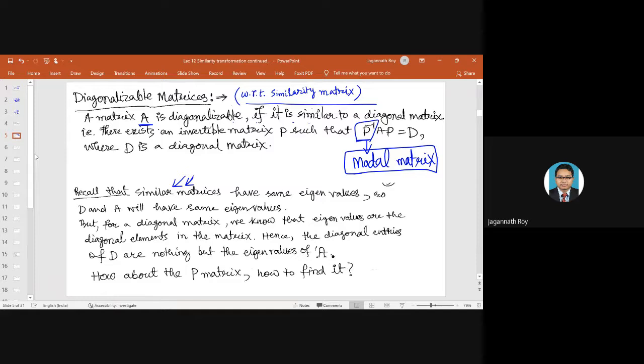So one way to find the P matrix is to find the model matrix.